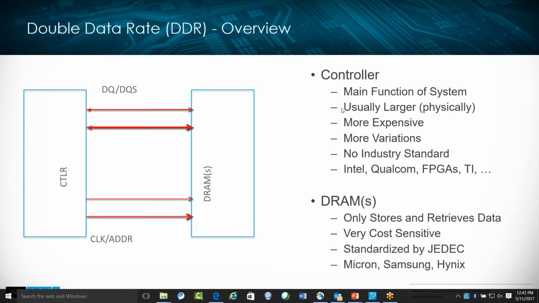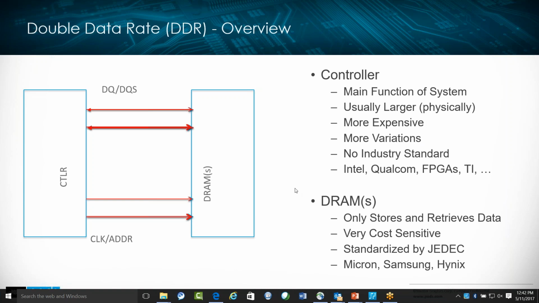So a little bit about the characteristics of each. The controller is actually the main function of the system. It's typically the larger physically of the devices there, and it's more expensive. More money is spent on the controller, especially as you move up in complexity from DDR2 to DDR3. There's now DDR4. And so there's no industry standard on how that controller really behaves.